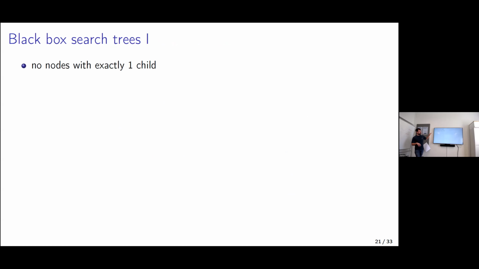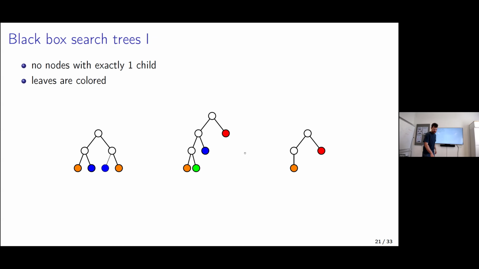And these black box search trees have very particular properties. First of all, they have no node with exactly one child. Because it's a backtracking process, of course, when you backtrack, we sort of need to branch. It sort of just models this. The second thing is the leaves are colored. Now, these colors have a more specific meaning than before, and I'm going to talk about it.